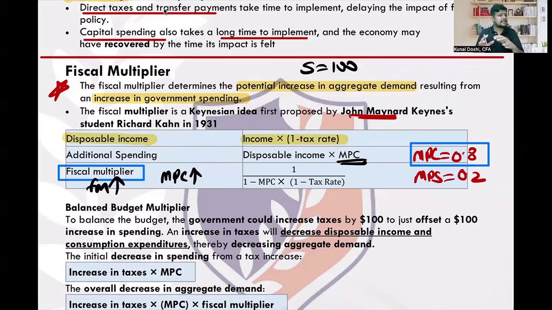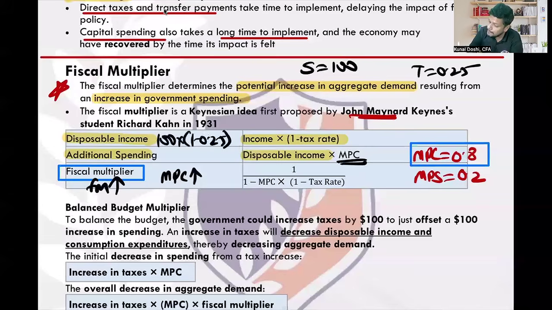Correct? Out of that, some amount I might spend, some amount I might save. So my MPC being 80 or 0.8, I'll spend 80% of my income. The balance I'll save. So additional spending is disposable income times MPC. Suppose my gross income is 100 times 1 minus the tax rate, say 25% for simplicity. 100 times 1 minus 0.25, so my disposable income will be $75.